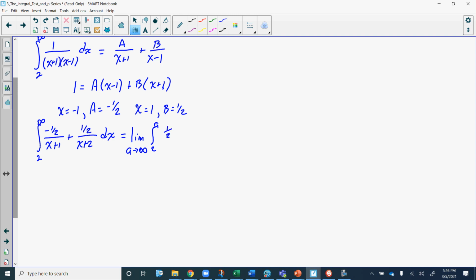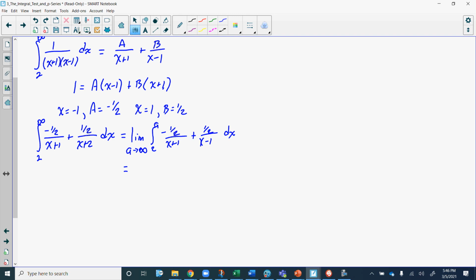Negative 1/2 over, and that didn't show up very nicely. Let's try that again. Negative 1/2 over x plus 1 plus 1/2 over x minus 1 dx. And now we can do the antiderivative of that.